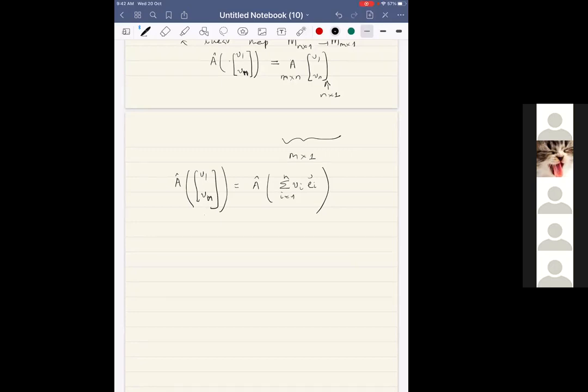This is just the scalar v_i multiplying the basis vector e_i, which is a column vector. Now, because A hat is a linear map, this is the sum over i equal to 1 to n of v_i A hat e_i, which is the sum over i equal to 1 to n of v_i A_ji e_j prime, with the sum over j equal to 1 to m.